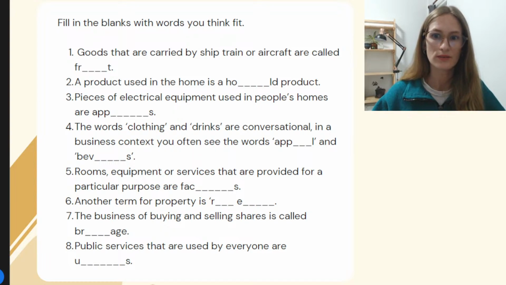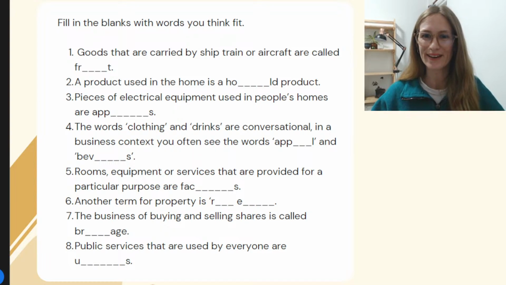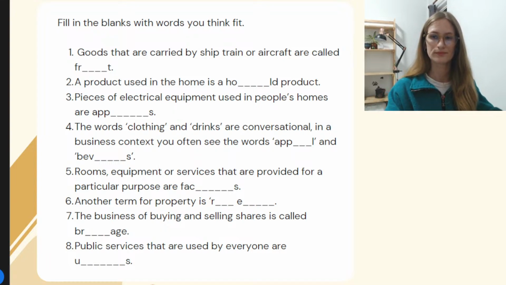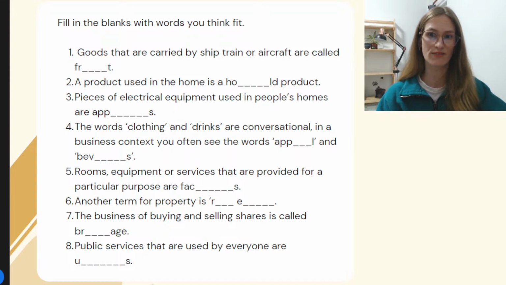So number one, goods that are carried by ship, train or aircraft are called what? And it begins with an F, R and ends in a T. Are called what? This is related to logistics, if anyone here works in logistics.